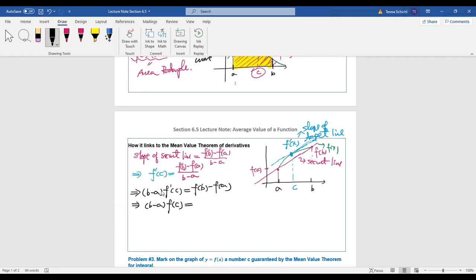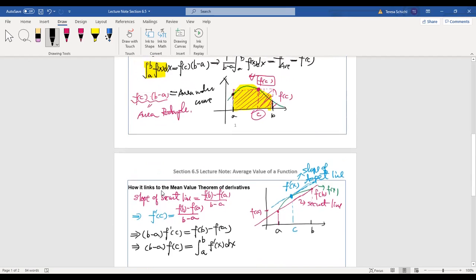By the fundamental theorem of calculus, we know this is the integral from a to b of f prime of x dx, right?